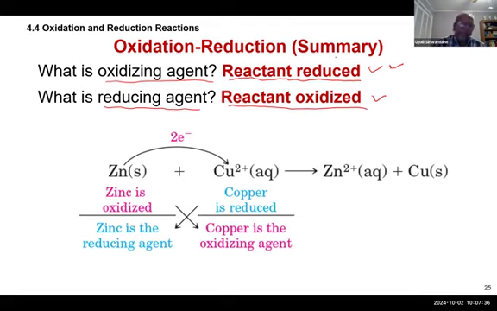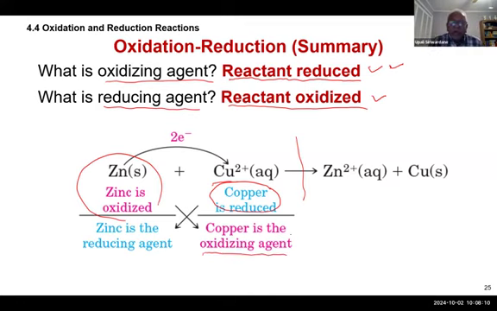Same reaction. Zinc is oxidized. We talked about that. Loss of electron. Copper is reduced. Therefore, whatever the species on the reactant side, copper is reduced. Therefore, it helps to oxidize zinc.